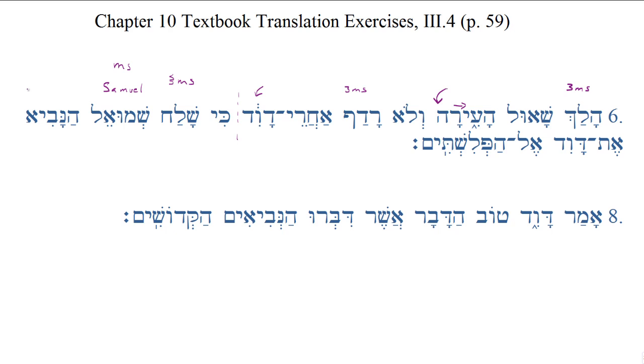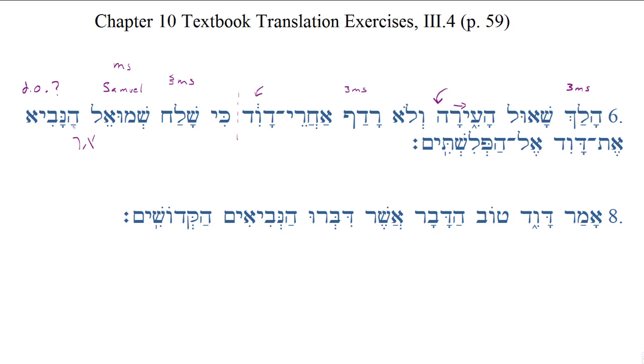So we need to ask the question, is this a direct object? Well, for a couple of reasons it's not a direct object. Number one, it is a definite noun, has a definite article, and yet there is no direct object marker. There's no et here. And so that's one reason why this is not a direct object. Normally in narrative you will always see a direct object marker with a definite noun.